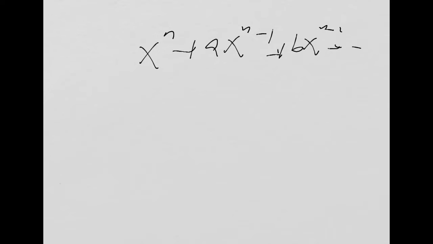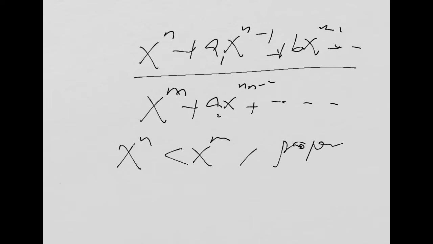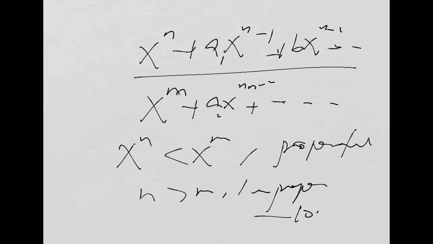Long division means that, for example, the power here and the power here at the bottom, if n is smaller than m, this is a proper fraction. If n is bigger than m, it's improper. Therefore, you need long division.